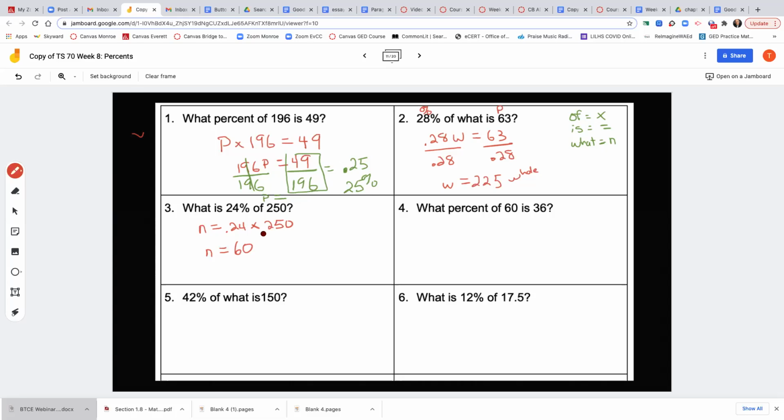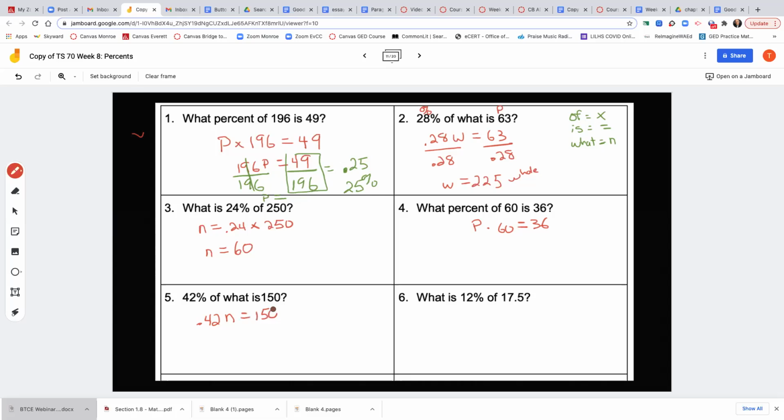I think hopefully you guys got the idea here. How about if I use a few more, but not finish the whole problem? What percent of something is equals 36, 60, what percent? So we want to know this P, okay? 60P, okay, times 60, okay? 42%, so 0.42 of N, we'll call it N, is 150.